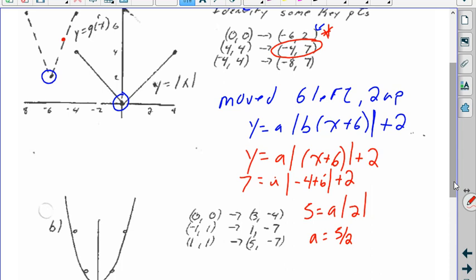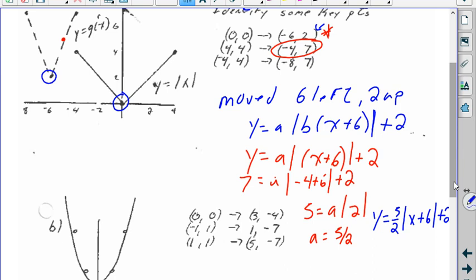I just dropped the brackets when I moved it over because it's an absolute value. So one possible equation for this is y is equal to 5 over 2 absolute value of x plus 6, plus 2.